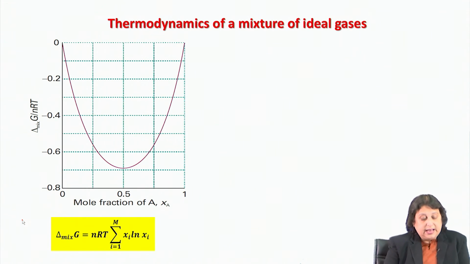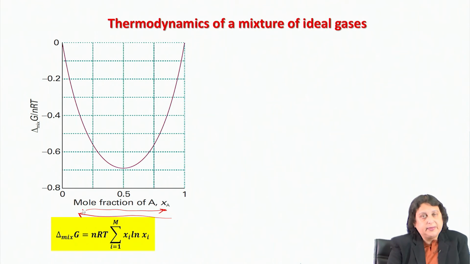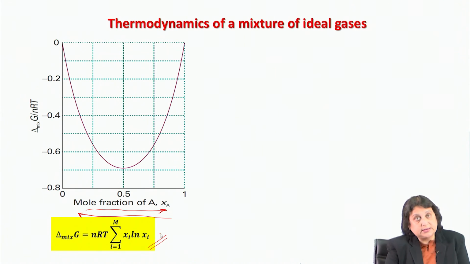That is because as you go on increasing the mole fraction of XA, the mole fraction of XB decreases on this side, and therefore delta G mixing, which has contribution from both XA and XB, would be expected to show an extremum, which in this case will be a minimum.